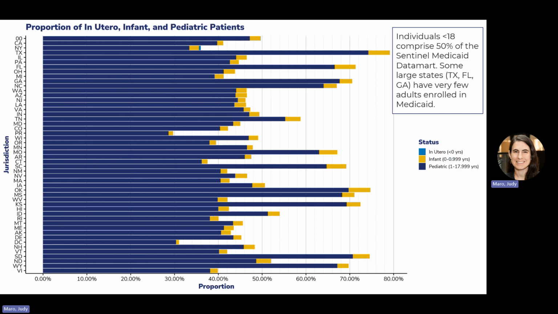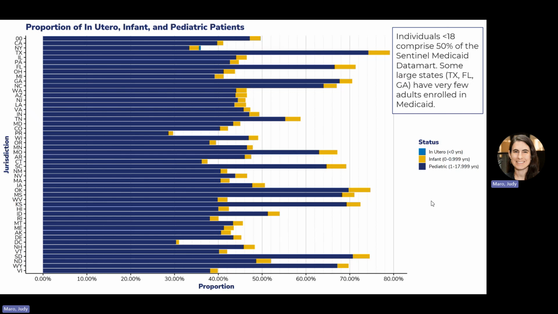For many of the jurisdictions you see here, that's going to be December 31st of 2020, which is the last date in the data set. Over on the left, you see that 00 at the top, which means overall. The overall proportion of in utero, infant, and pediatric patients in the Sentinel Data Mart is just under 50%. And you can see, of course, that the remainder are adults.